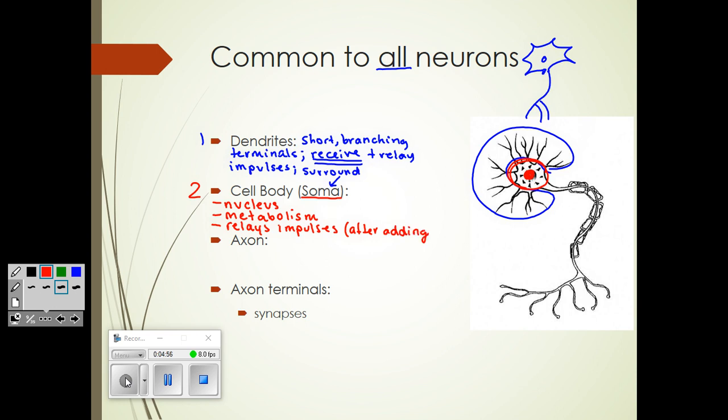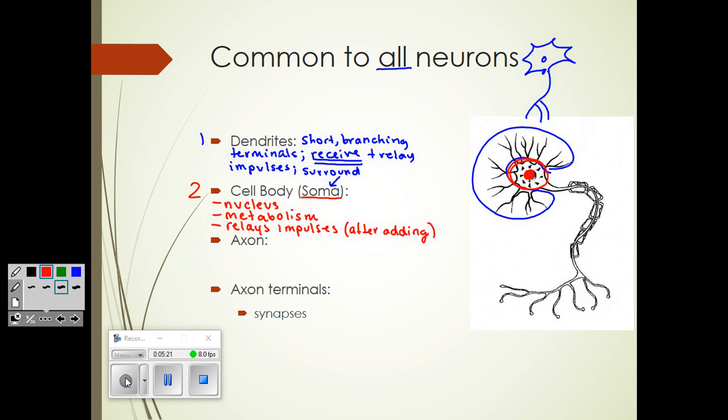What that means is, it's going to consider information from all of the other neurons. It's sort of like the command center. The neuron might get a bunch of different signals from a bunch of different neurons through its dendrites. And the cell body's job is to sort of add them all up and see, in total, is there enough here for me to continue sending an impulse?